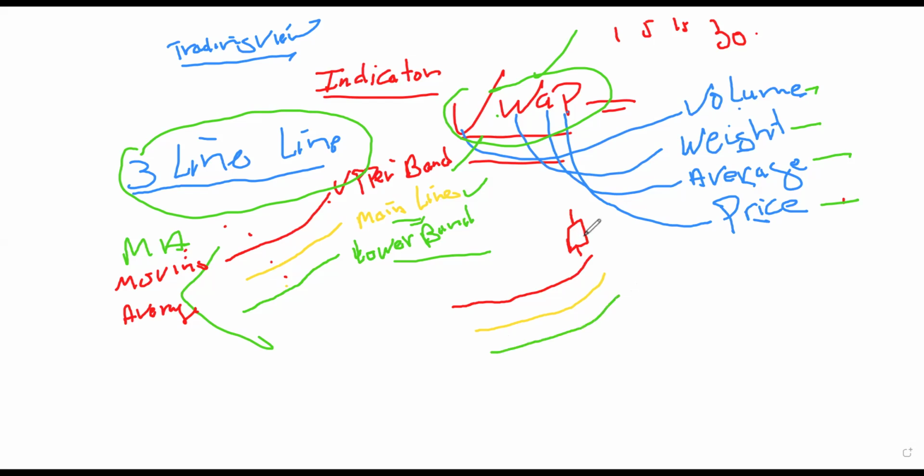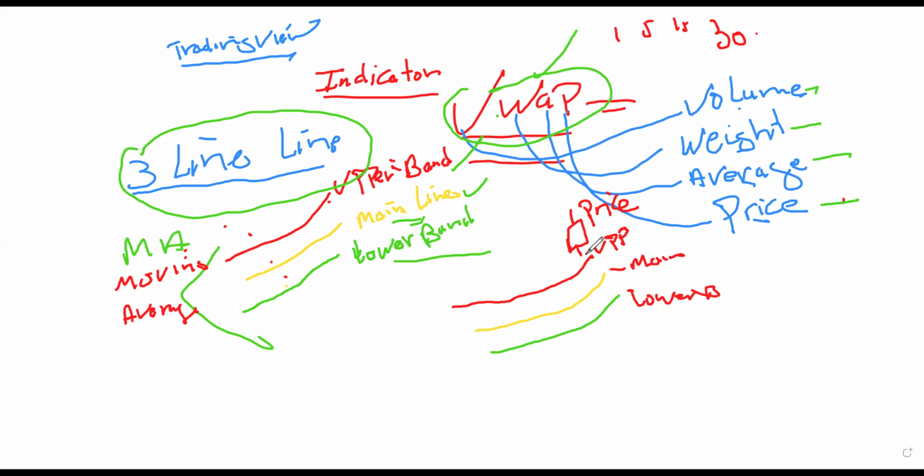And this one is the candles. The candles represent price always. The candles are price action, that's why we call candles price action. So the candles are the price. The red line is the upper band, then we have the lower band and the main line.